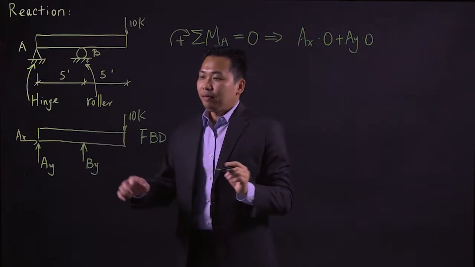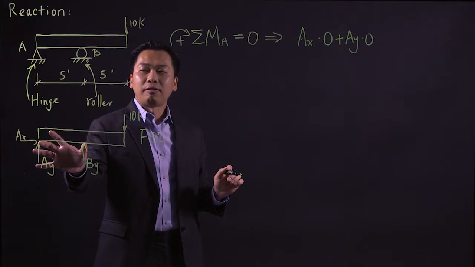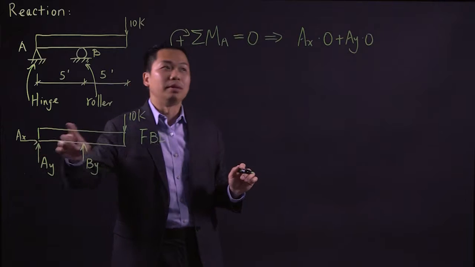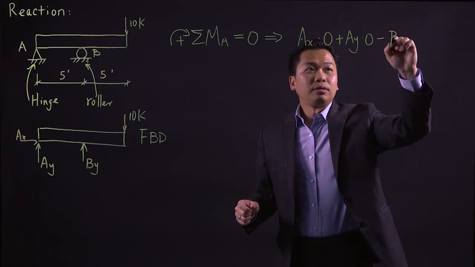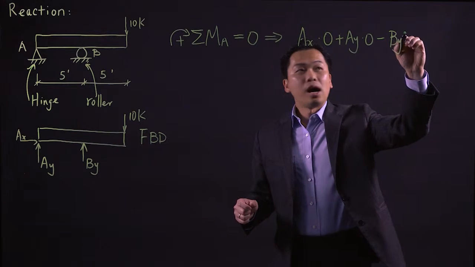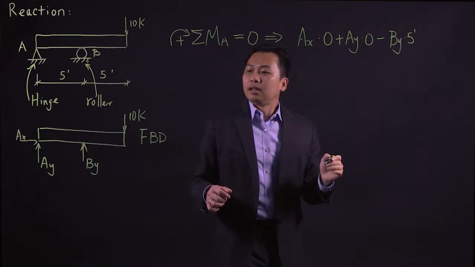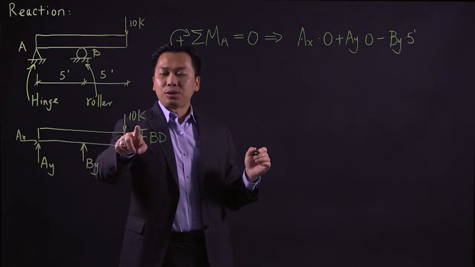For point B, if you're taking the moment at point A, the moment arm is going to be 5 feet. And since it's going to create a counterclockwise moment, it's going to be negative By times 5 feet. Another force we have is this 10 kips external force.